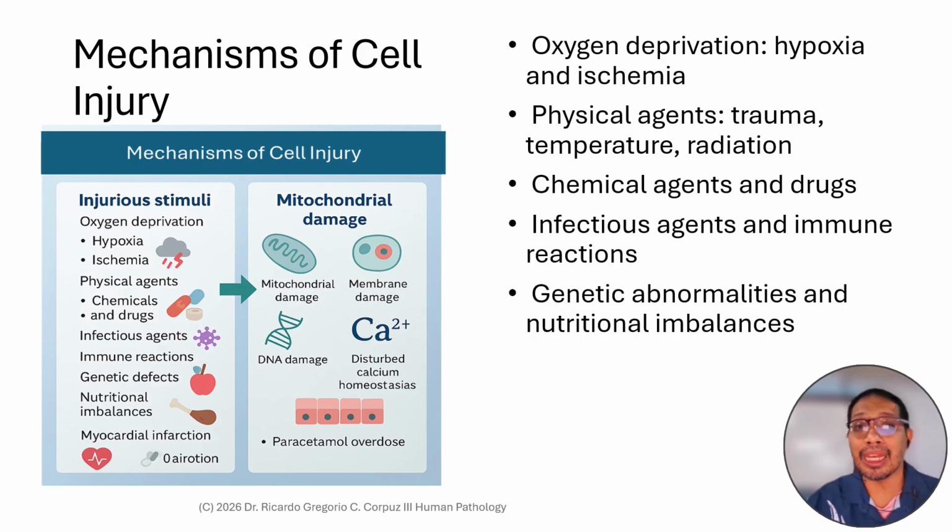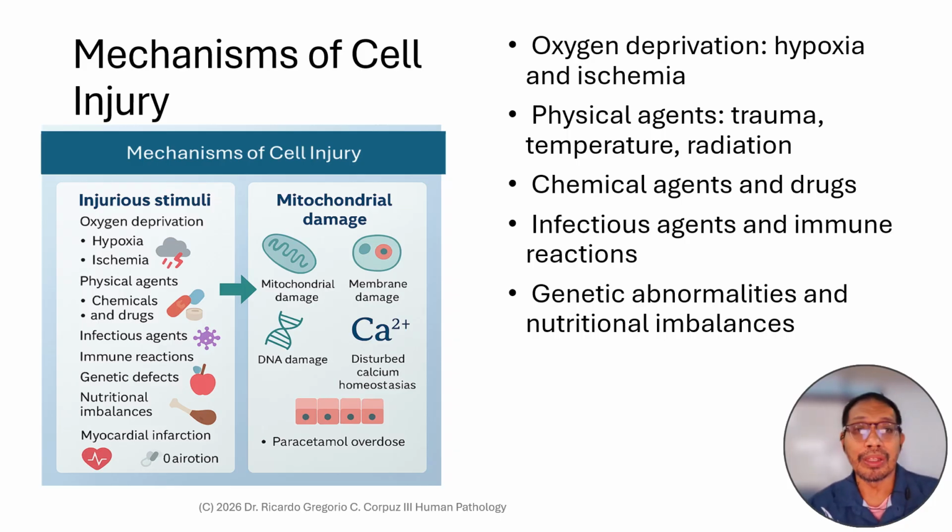Loss of membrane integrity leads to leakage of enzymes, disruption of ion gradients, and ultimately cell death. DNA damage is another important pathway, especially in the context of radiation, toxins, and oxidative stress. And finally, disturbances in calcium homeostasis can activate destructive enzymes, including proteases, phospholipases, and endonucleases, accelerating cellular injury.